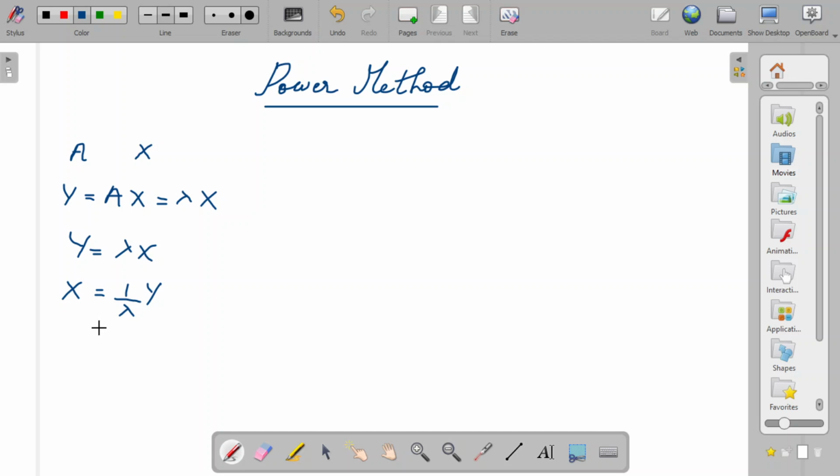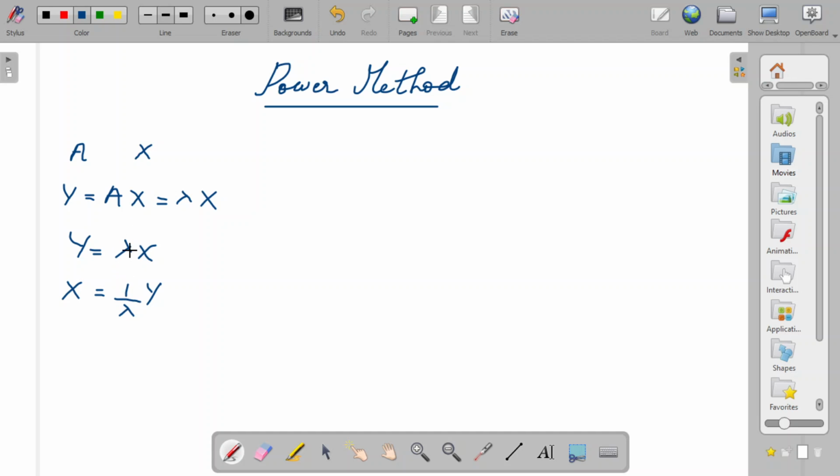What we do in the power method is that first, if I am given a matrix A, I will assume a vector x as an eigenvector, then I will find y equal to A times x. From the vector y there will be several values in the column vector.